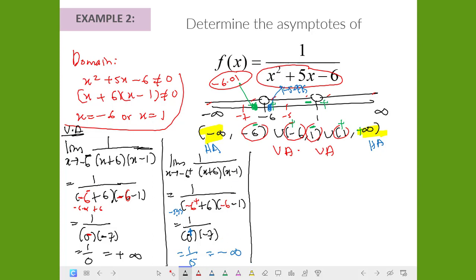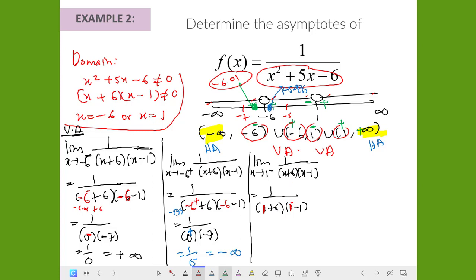Okay. Let's say x is equal to 1. Limit as x approaches 1 from the left of 1 over x plus 6, x minus 1. 1 plus 6, so this one is positive, and 1 minus 1 is 0, just negative to the left.